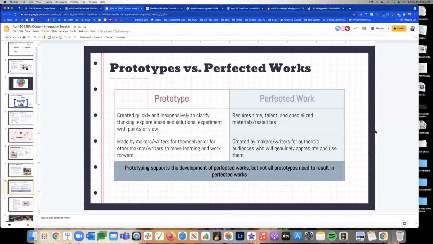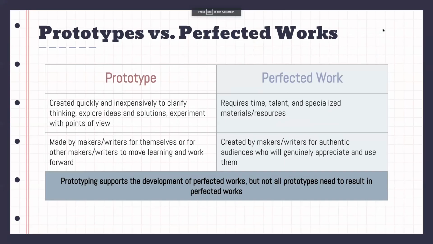One of the other pieces that we looked at for a connection of ELA and STEM is this whole idea of prototypes versus perfected works. Now, I love writing. I write even when I don't have to write, and I've always been a writer. One thing I'm really passionate about with kids and writing instruction is that they understand it's okay not to write to a specific model all of the time.